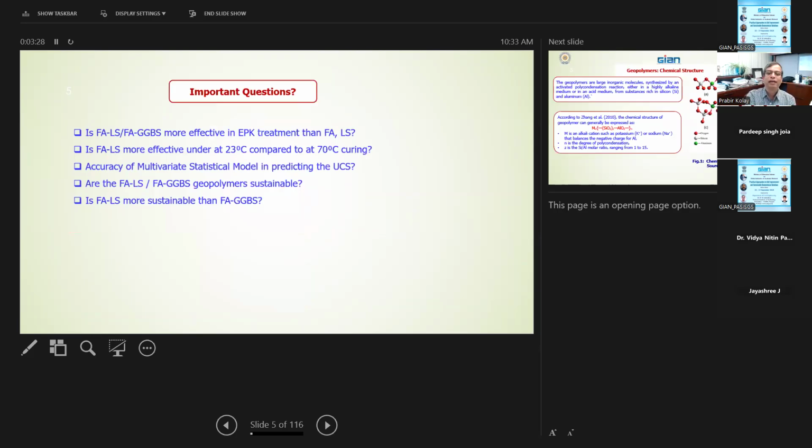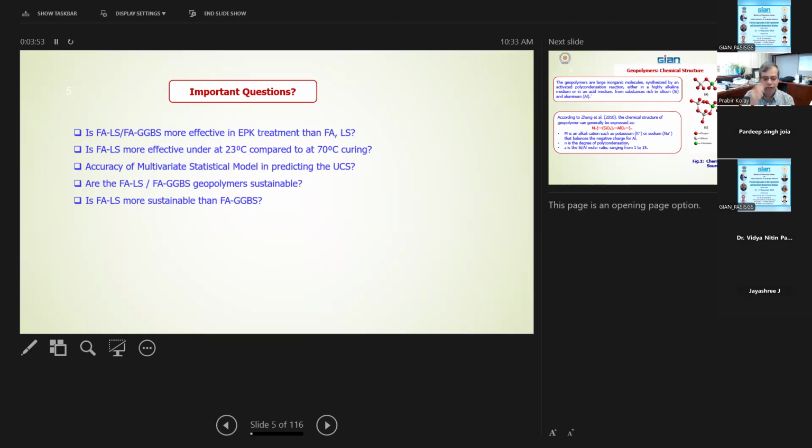Now for geopolymer, I'm going to talk about that. For geopolymer, you add the pozzolanic material, and then also sodium hydroxide and sodium silicate. These are the two things you need to add. And we need to increase the temperature.